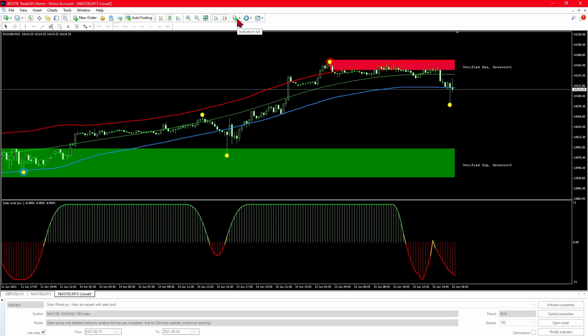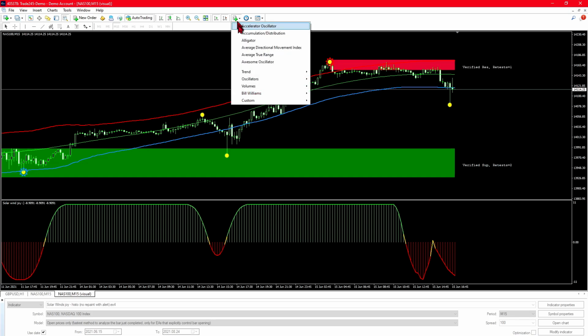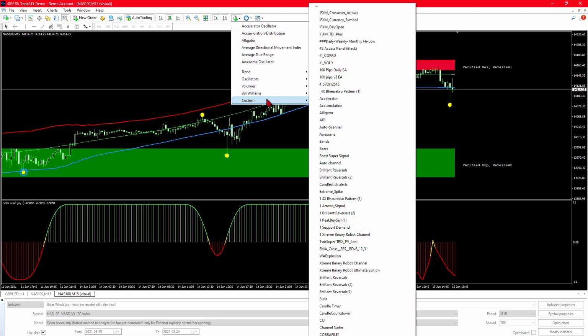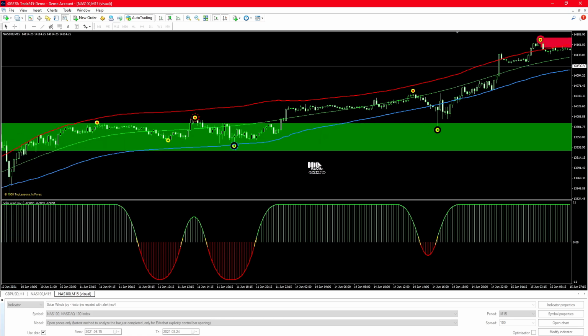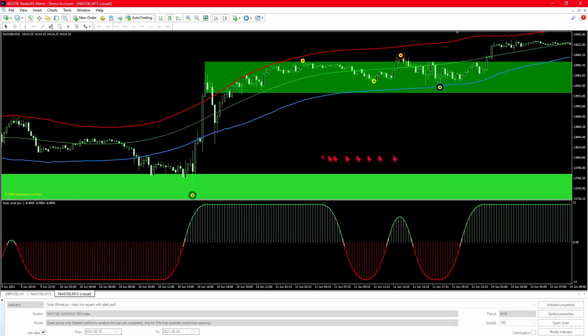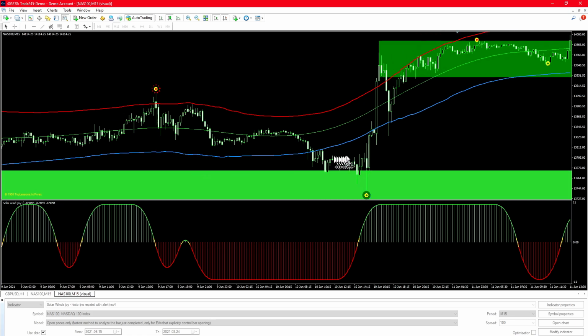So what I did was I remembered that there's only one other indicator that occurs at this frequency, and that was the brilliant reversals, which was used by Betty FX, Red Billion, and a host of other people. So if you apply it to the chart, you can see that wherever there is a brilliant reversal, there is a sun. So there's no doubt in my mind that this is just the same indicator but given a different output on the chart.